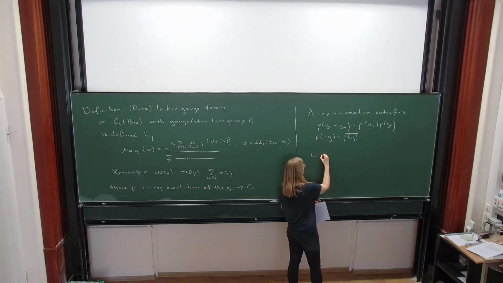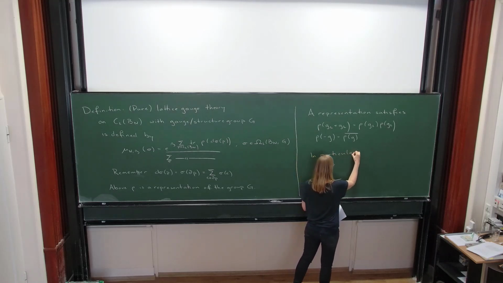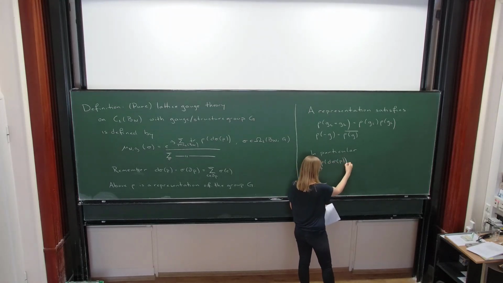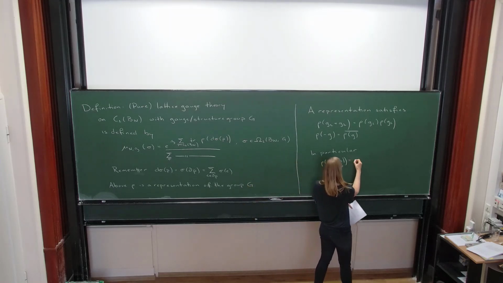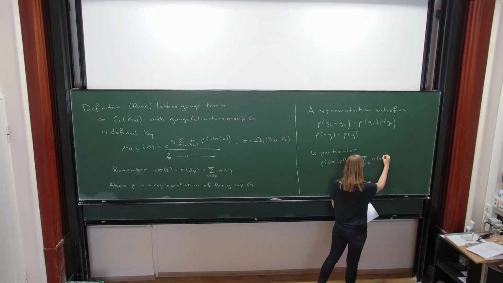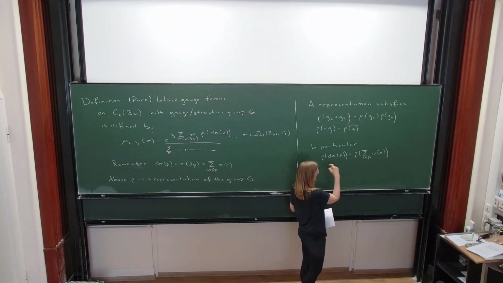So in particular, if you look at rho of the sigma of P, which is what appeared there when I wrote it down, this would be rho of the sum of all the edges in the boundary of P, sigma of E. And now using this property of representation, we can switch the sum to product.